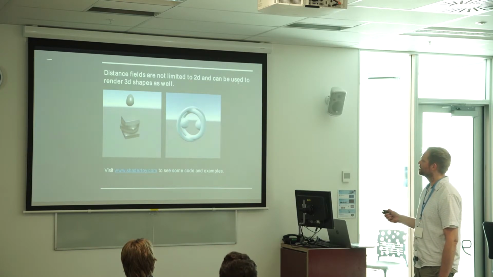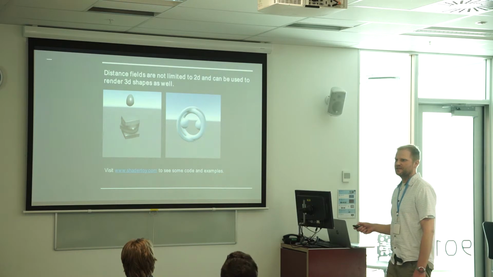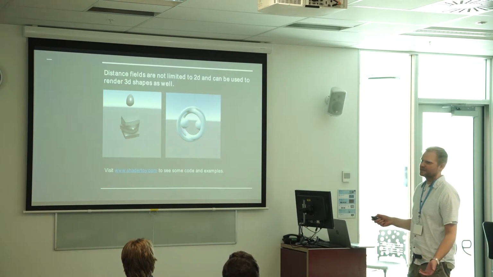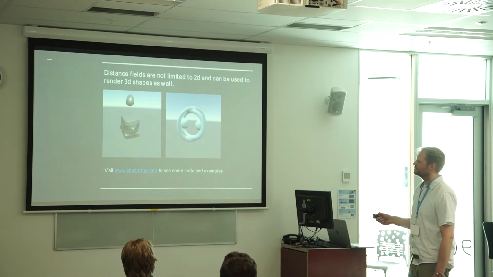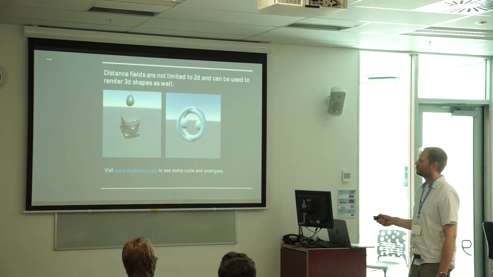Like I mentioned, your distance fields, we've looked at them on 2D planes and textures. That basic idea can be applied to volume rendering. These are a couple of volume renderings happening inside of Unity, where we're taking some cubes and some spheres.